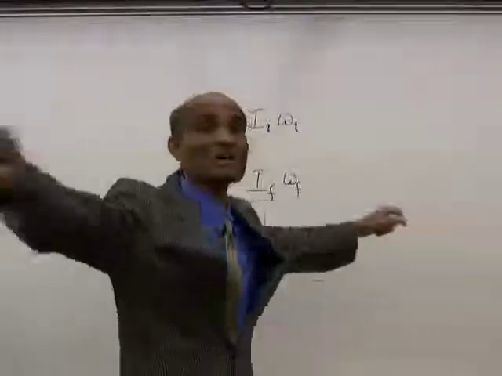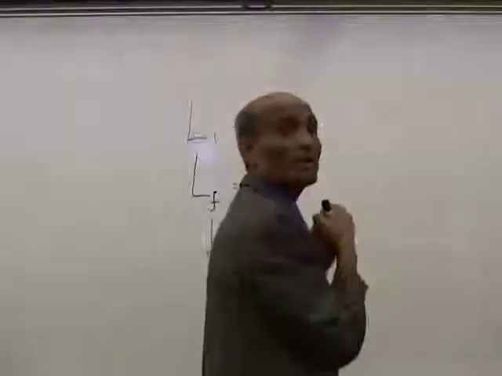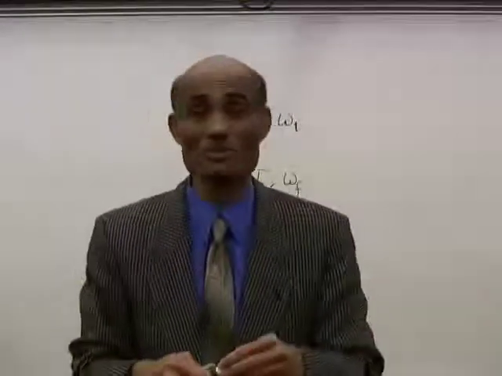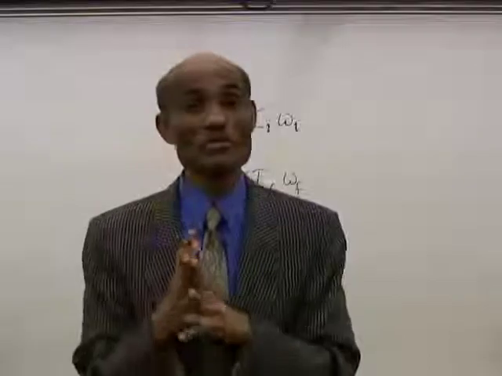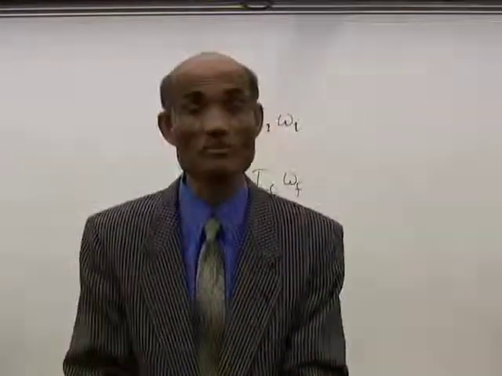So if I start off like this, when I bring my arms in I go very fast, and that is what these skaters actually practice. So conservation of angular momentum has great applications.